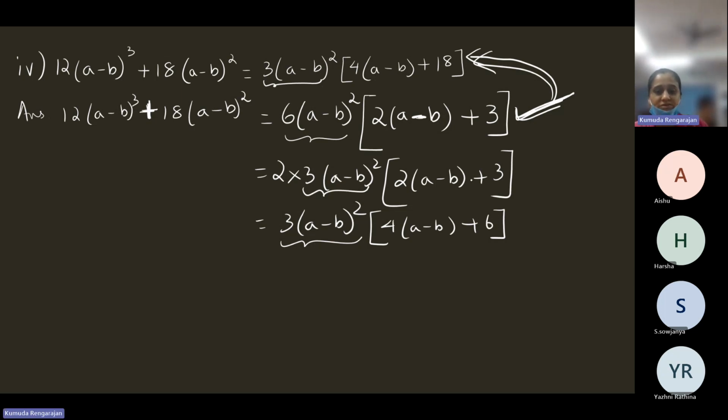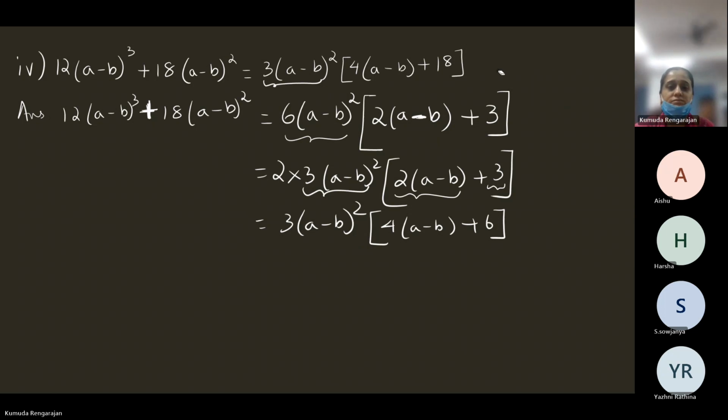So 2 into 2, 4 into (A minus B), plus multiply this also by 2, 3 into 2 is 6. So even if you take out this as the common factor, you have these terms inside the bracket: 4 into (A minus B) plus 6. But here it's 18. So it's false.